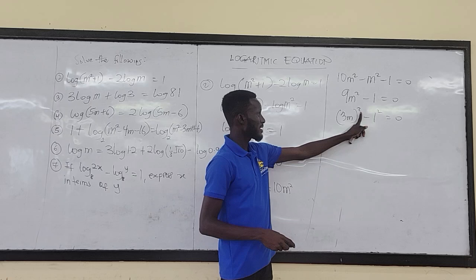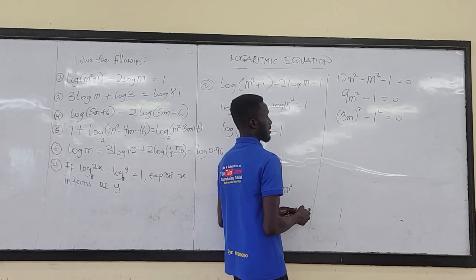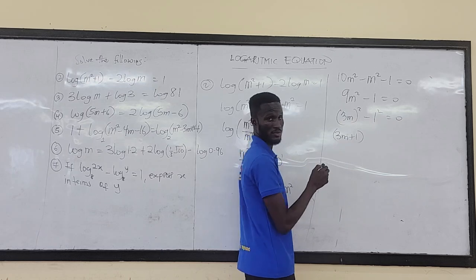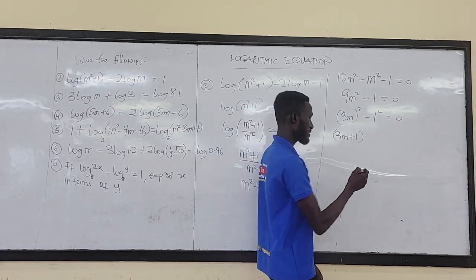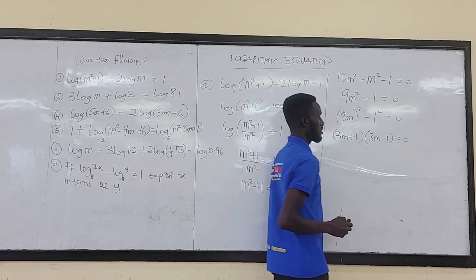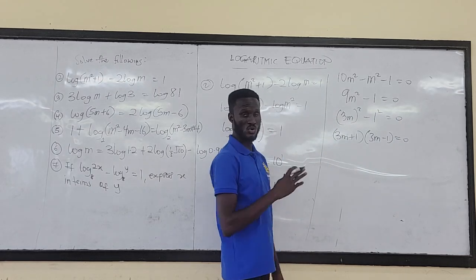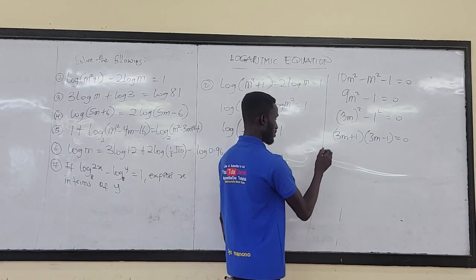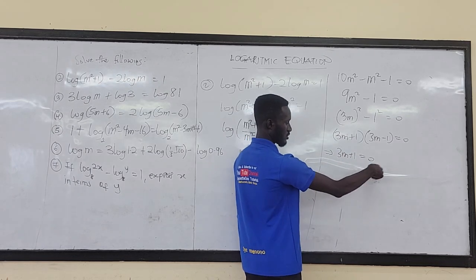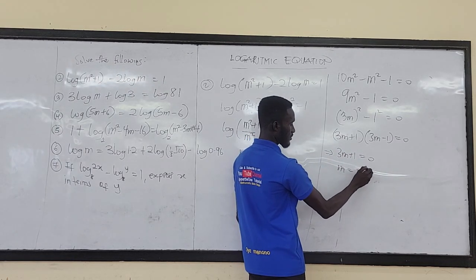Now you add them, then you subtract them: 3m plus 1 and 3m minus 1. So you take the first bracket equal to 0, the second bracket equal to 0. So I'm going to have 3m plus 1 equal to 0. You group like terms, you have m is equal to negative 1 over 3.